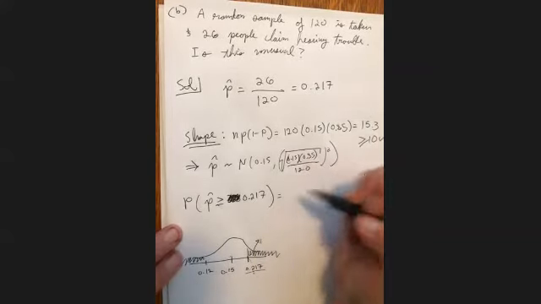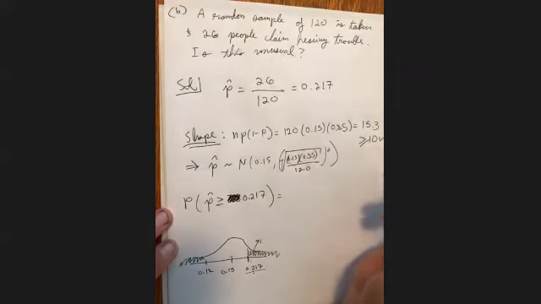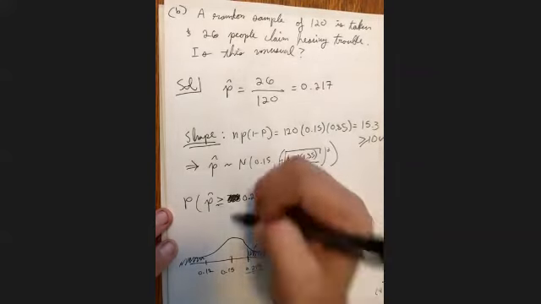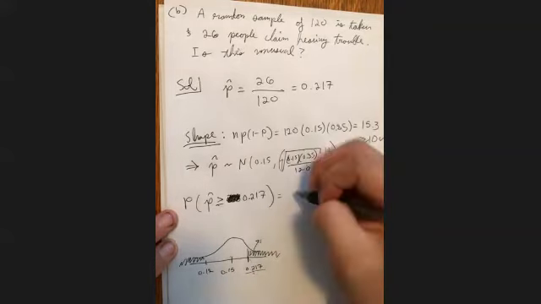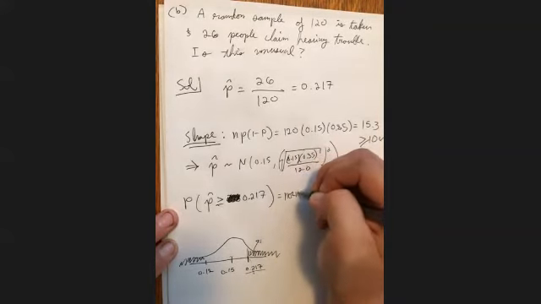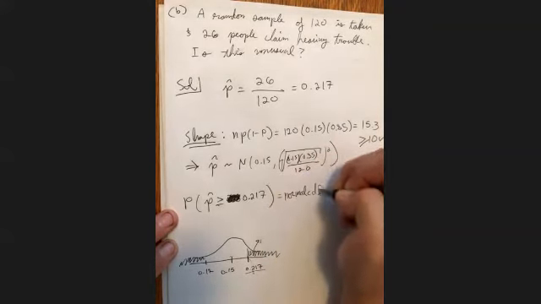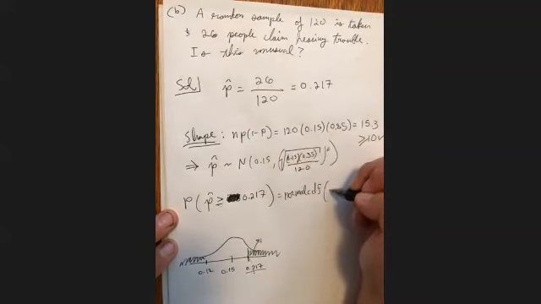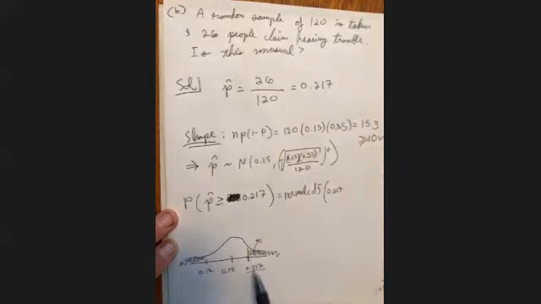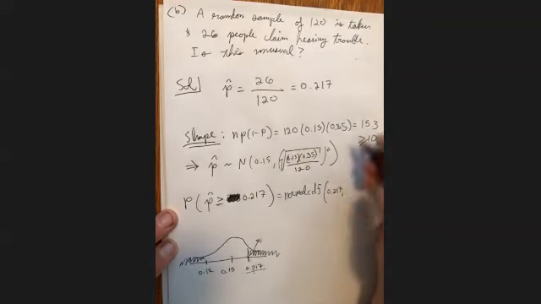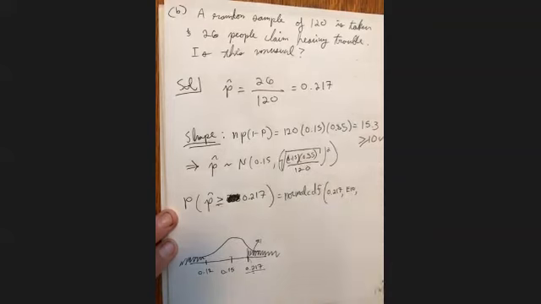Okay. So again, we can use the normal CDF to compute this for us. Normal CDF, lower bound of 0.217, upper bound of infinity, so I'll just use E10.